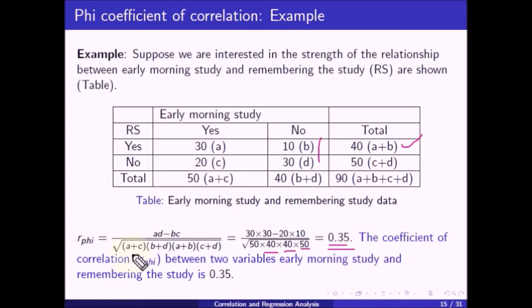So the coefficient of correlation between the two variables, early morning study and remembering the study, is 0.35.